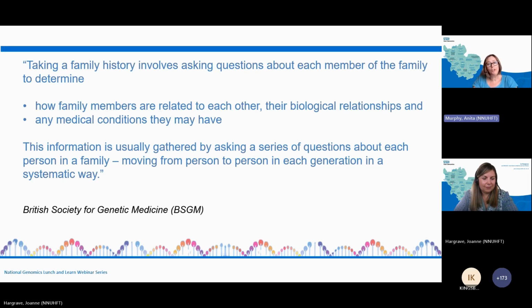This information is usually gathered by asking a series of questions about each person in a family, moving from person to person in each generation in a systematic way. I think this quote quite nicely sums up the information that we really need to gather when we take a family history and why it's important.